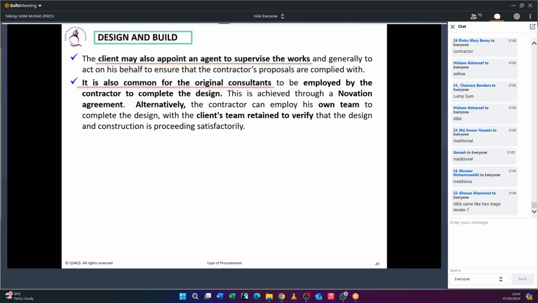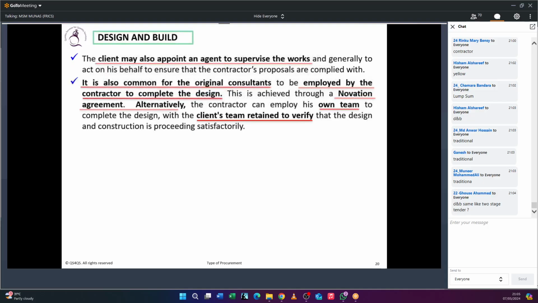They have a good idea about what the employer really wants, what he really likes. So that's what they drafted in the employer requirements. So that design team, by novation, can transfer to the contractor. So they will continuously develop the design further to meet the employer's expectation. Otherwise, sometimes the contractor doesn't like it, then they will stay with the client and supervise the contractor's work.